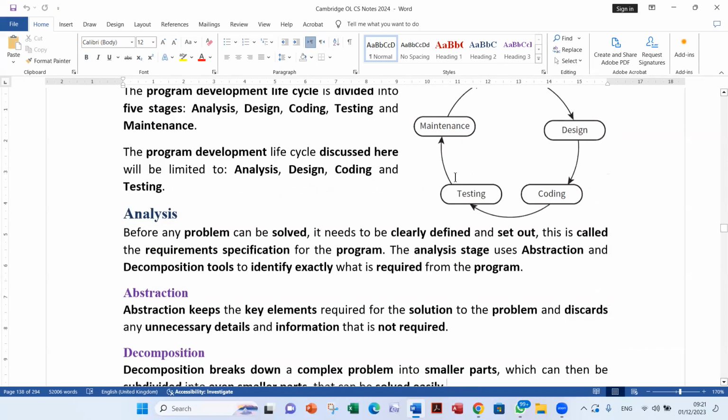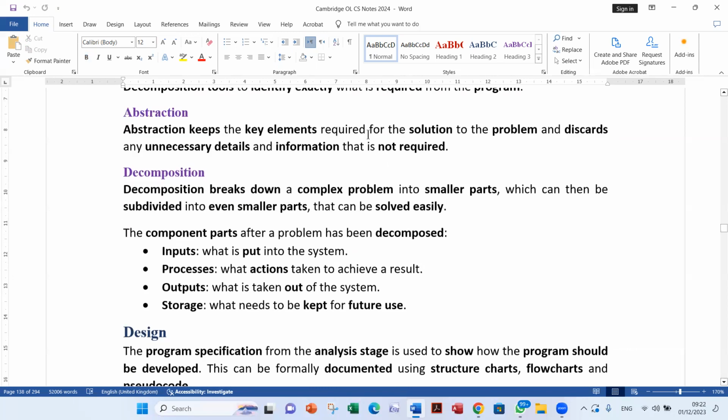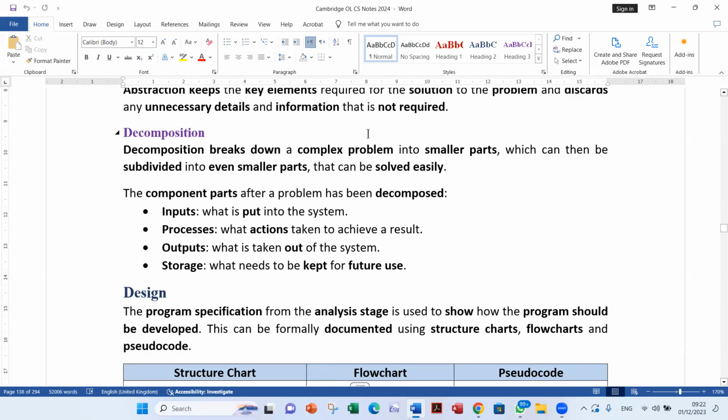We are still in the analysis stage, and please trust me that I'm keeping a close eye on how exam questions appear in recent past papers. What is done in the analysis stage after doing abstraction and decomposition?